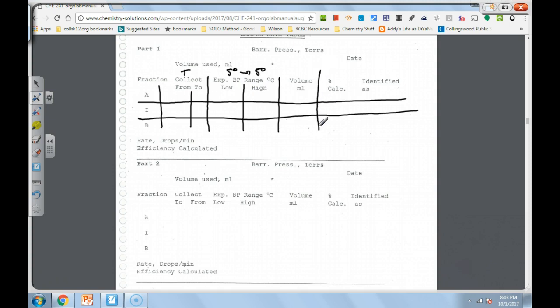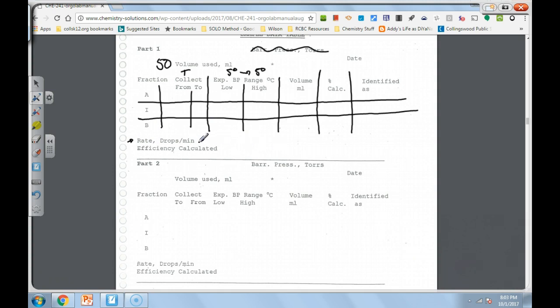Okay. Then this is the volume, this is the percent, and then you're going to tell me what the compound is that's here. Okay. You don't have to worry about the barometric pressure, but you did use 50 milliliters. You did have a date. And then here is the rate in drops per minute.